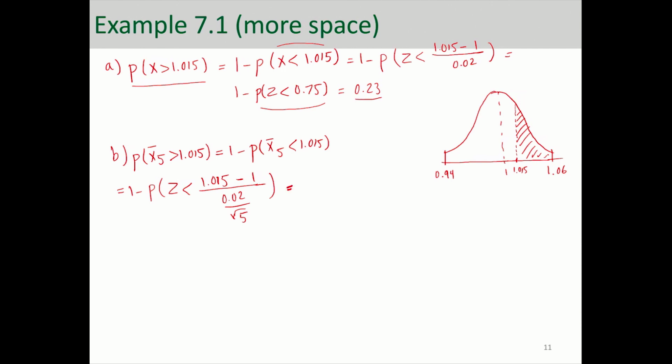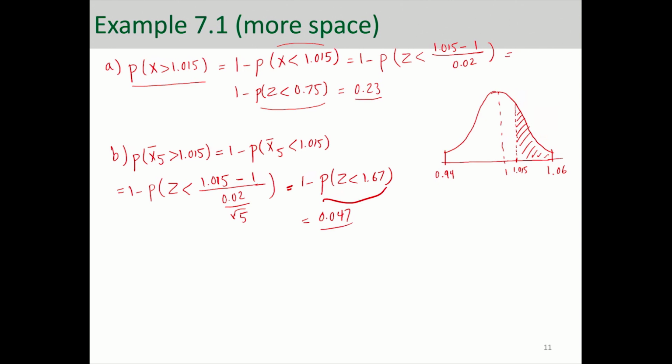Now if you do the math, it is 1 minus probability of z less than 1.67. You need to go to the normal table and read this probability, and once you do the math it is 0.047, close to a 5% chance.